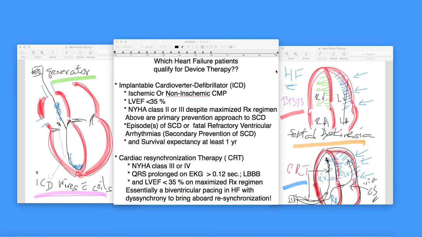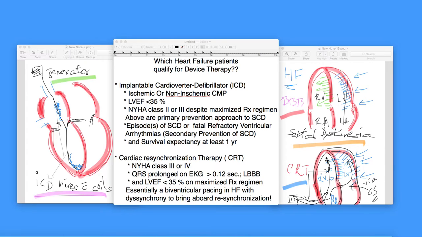Okay? So heart failure with bundle branch blocks receive cardiac resynchronization therapy. However, the indications still remain the same. Hemodynamic instability: patients are markedly functionally incapacitated, meaning they have class 3 or class 4. By the way, CRT is not indicated in class 1 and 2 yet. Clinical trials are ongoing right now.